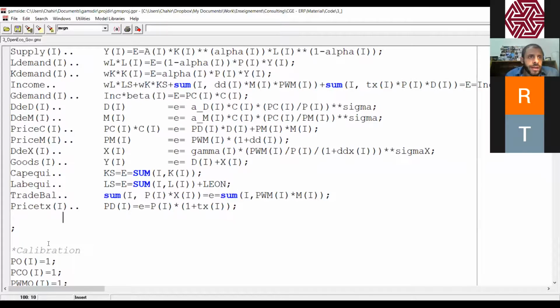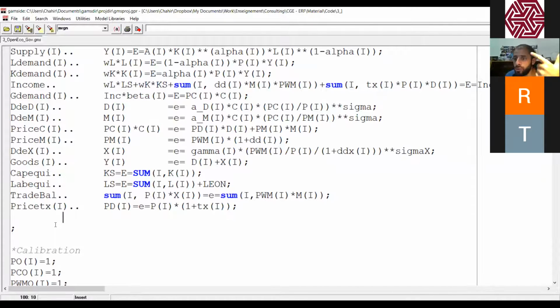So now we move to the calibration. And for the calibration, the process will be different. Why? For at least 3 reasons. First, because we need new data on exports, imports, domestic demand, labor, capital, all that.